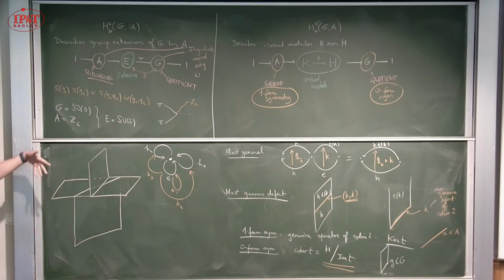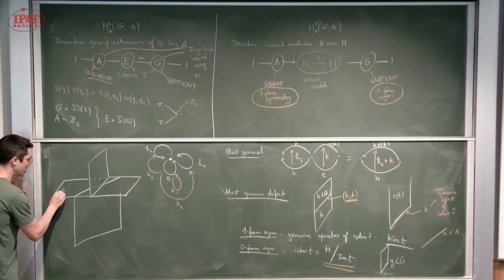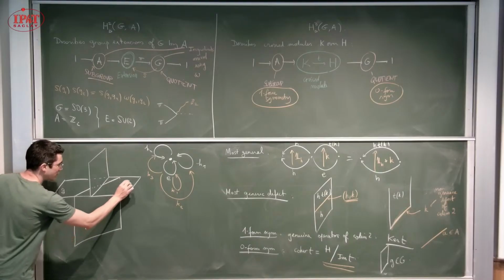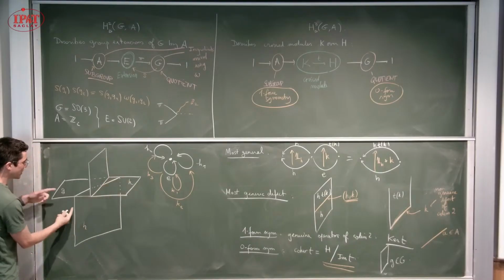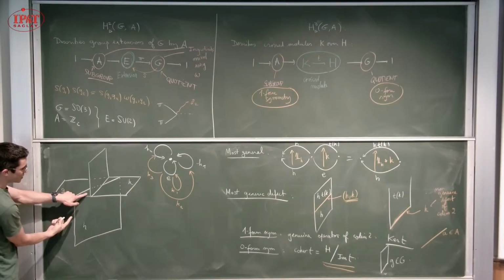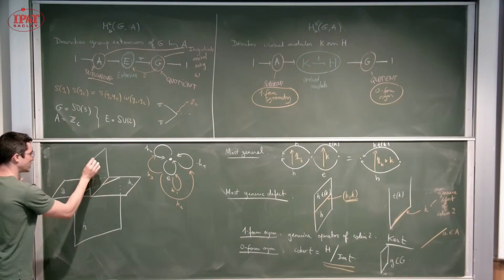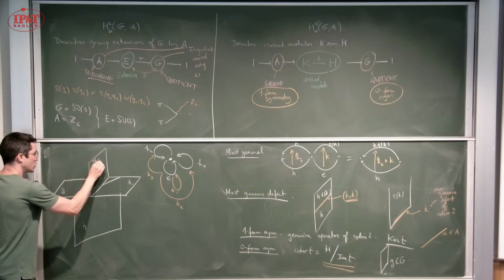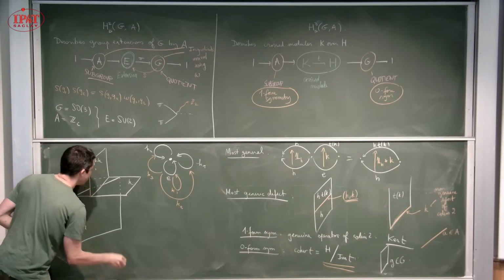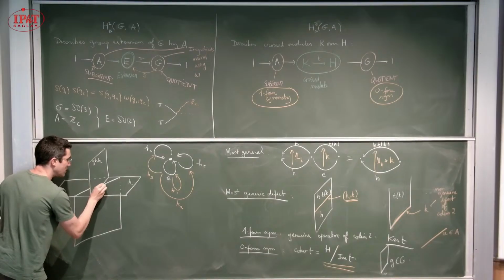Okay, so these are various planes intersecting. Let's call these G, H, K, and then here, for instance, they merge. So this is GH, over here it's HK, and then over here it's GHK. And then there is a point here in the middle where they all meet.